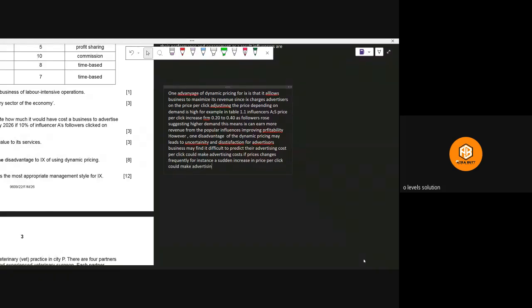Definitely, for example, if I'm going to advertise something and the price per click is really high, for me it is really costly, too expensive, especially for smaller businesses.